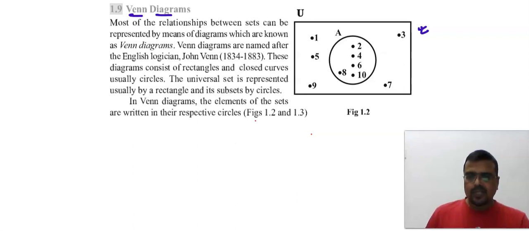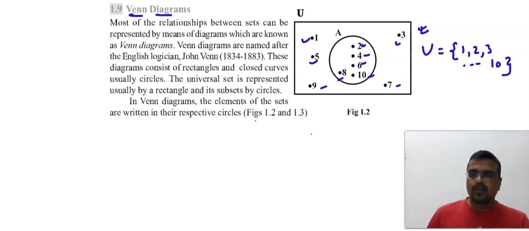Here U is a universal set, and the universal set has all these elements 1, 2, 3, 4, 5, 6, 7, 8, 9, 10. All these are part of the universal set. Let me write that. It goes all the way up to 10. I'm not writing all the elements. So this is called the universal set.